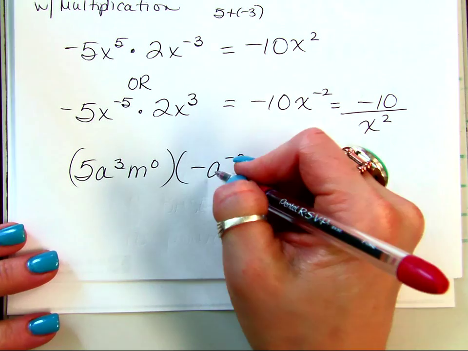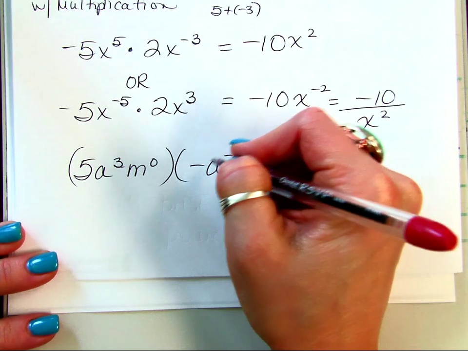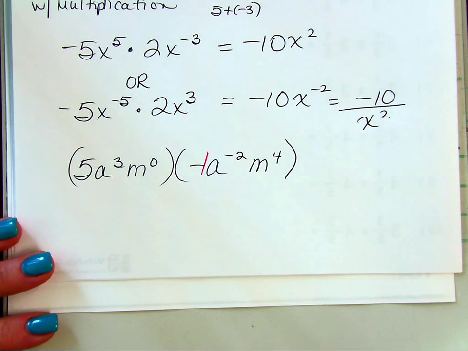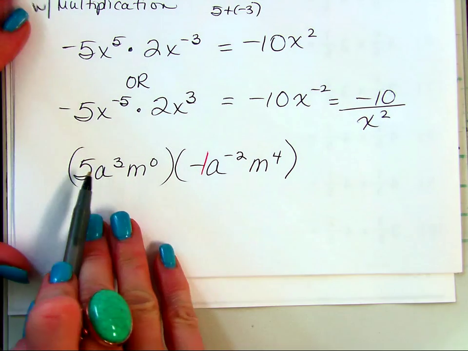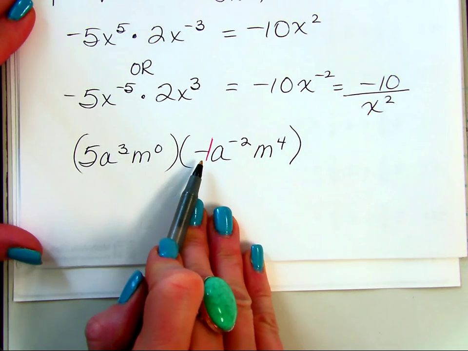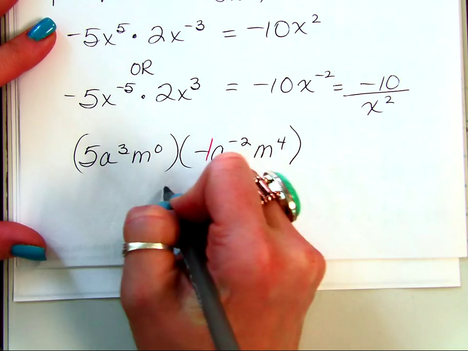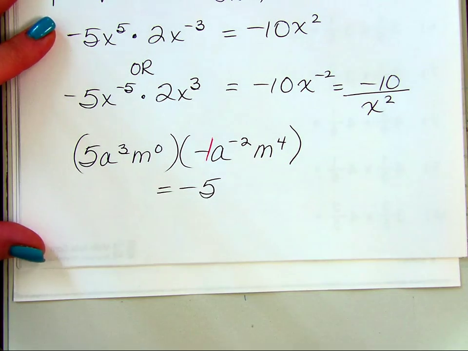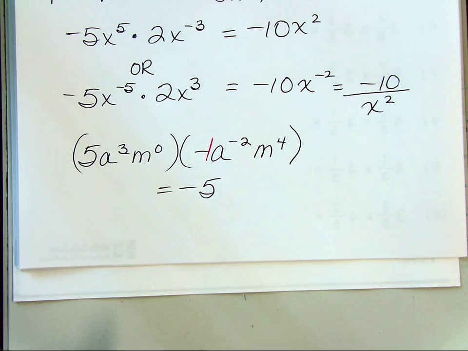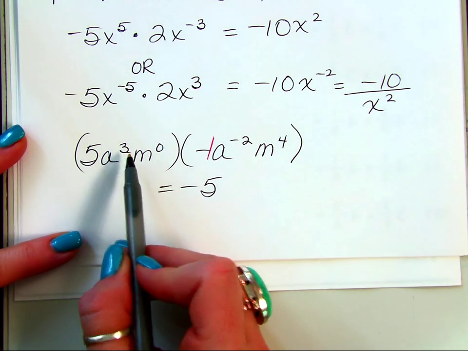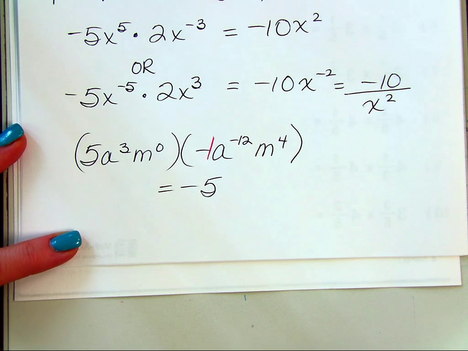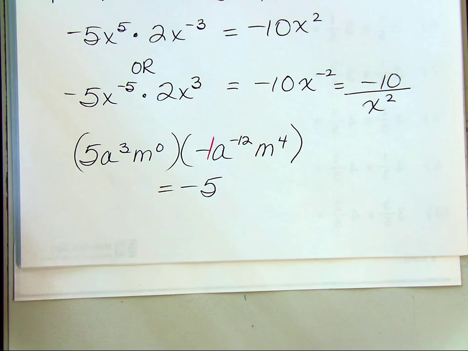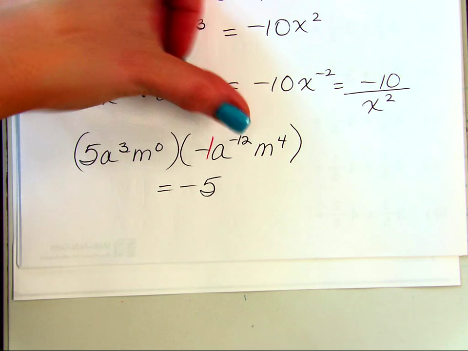Because the a is not negative, the one in front of it is. And let's do 5 times -1 first, which is what? -5. Then let's do the a's. I have, and just to make it fun, let's change that -2 to a -12. Everybody add a little 1 in there. Make that -2 a -12.